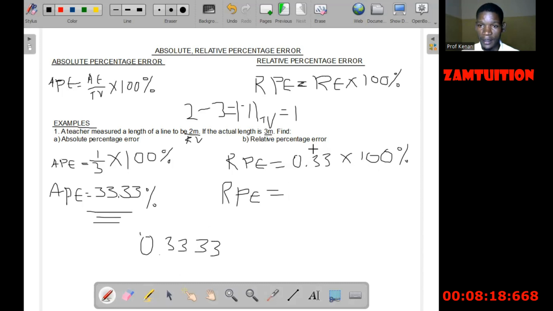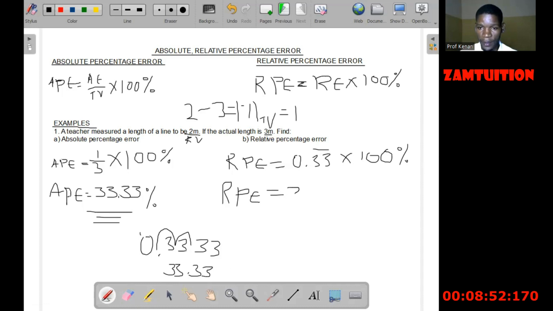I said these 3s are non-terminating decimals, so they are repeating each other. So we usually put a bar, which simply shows that these 3s are continuously repeating. So when you take the point 2 times to the right-hand side, it will be 1 and then 2. So the point will be here. So it will be 33.33.